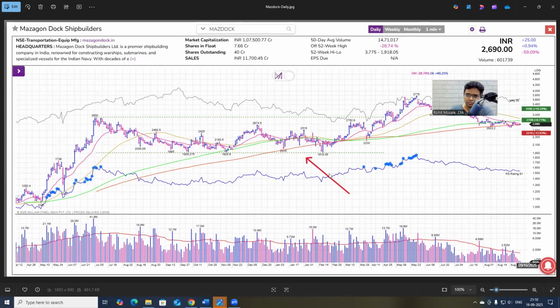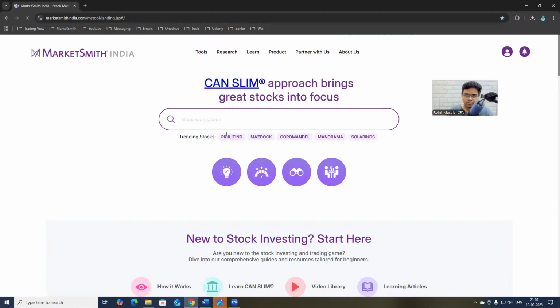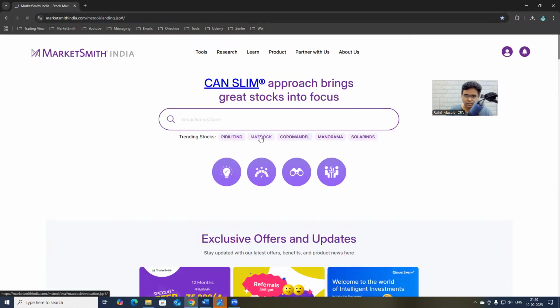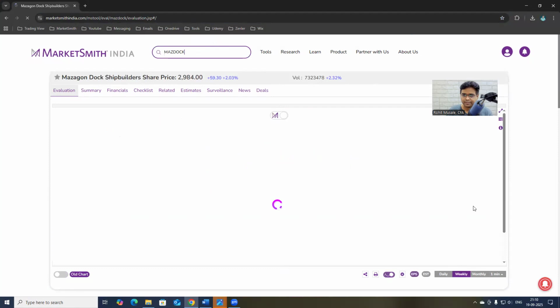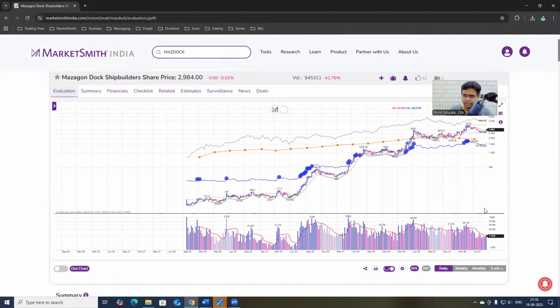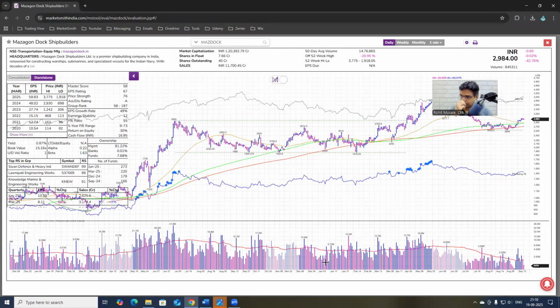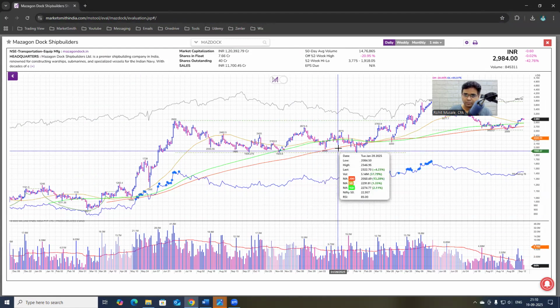He has pointed towards this base. Let's see how this base looks like on MarketSmith. Let's see what they call it. Okay, let's go to Mazgaon Dock. It's given here. Go to daily. I will expand this. So yeah, he's pointing toward this base.